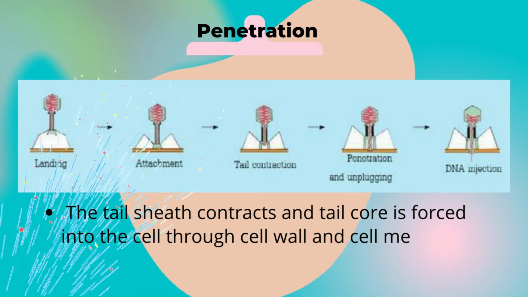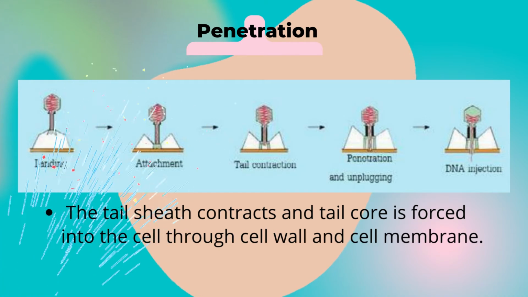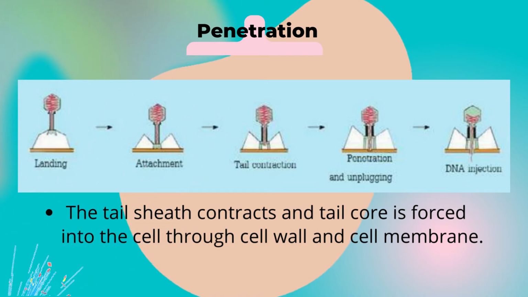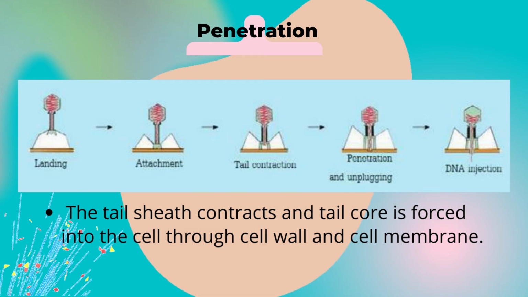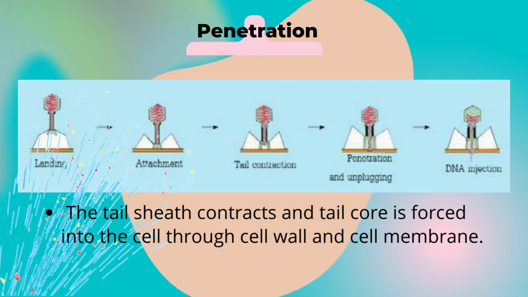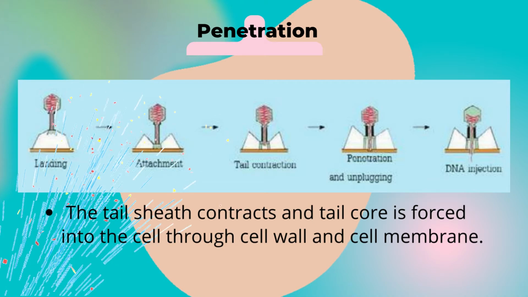The tail is made up of two parts, the sheath and the core. The tail sheath contracts and the tail core is forced into the bacterial cell, passing through the cell wall and then crossing the cell membrane.